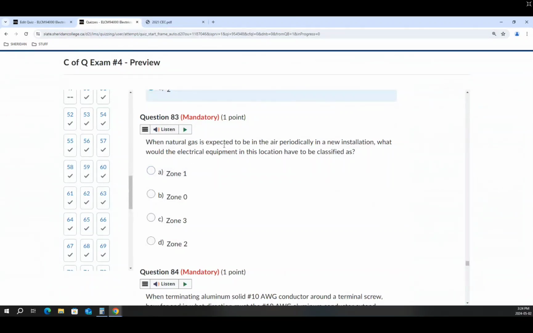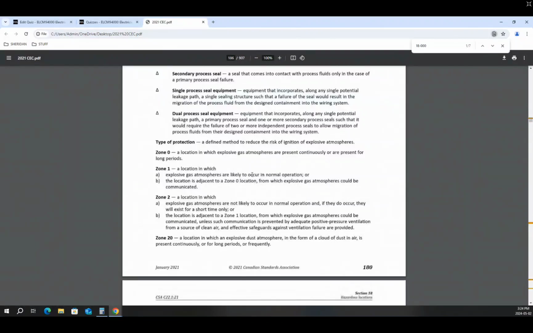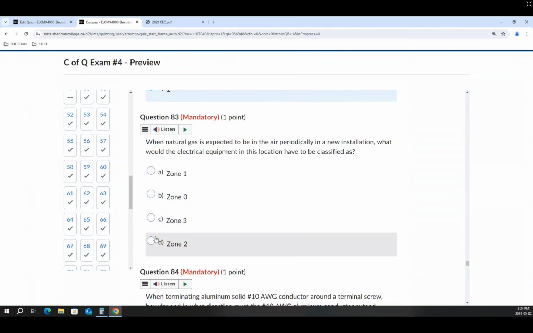So this is natural gas in the air periodically. It's not likely under normal conditions. It is not likely to occur normally, but if it does, it will exist for a short time. So it's a zone 2.